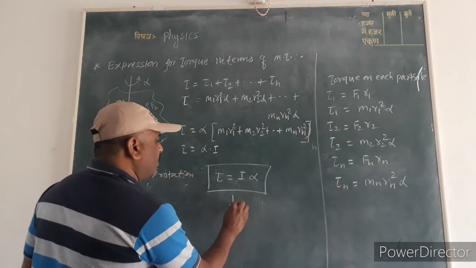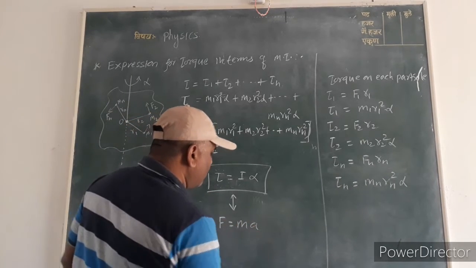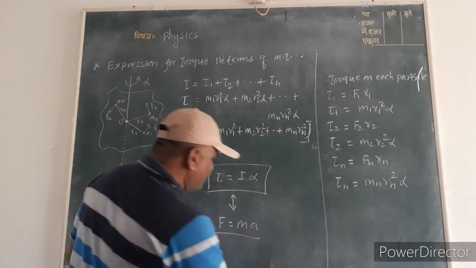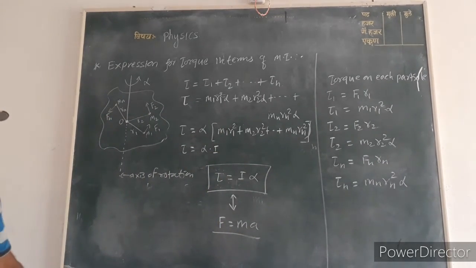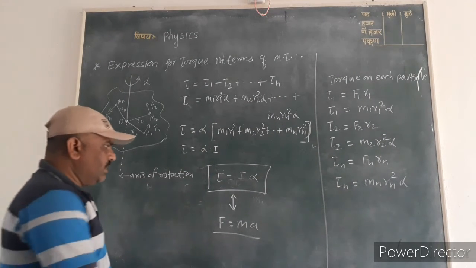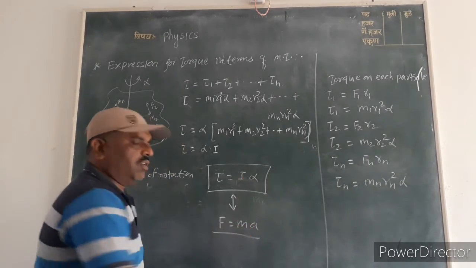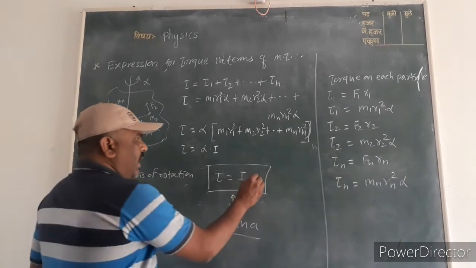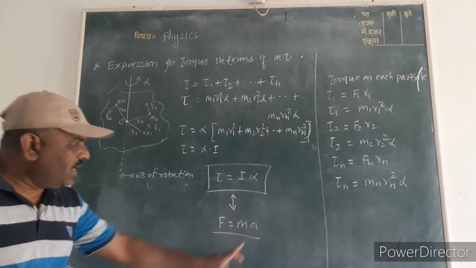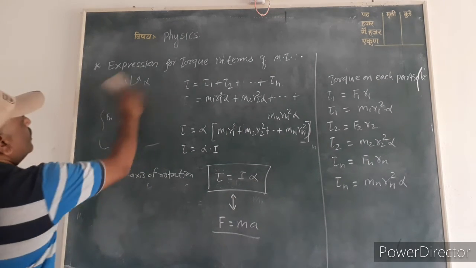This equation is analogous to F is equal to m a, which is in linear motion, while this one is in rotational motion. Hence, torque is analogous to force, moment of inertia is analogous to mass, and angular acceleration is analogous to linear acceleration.